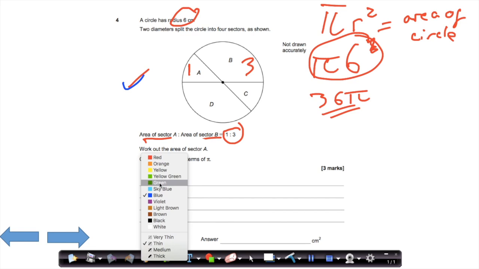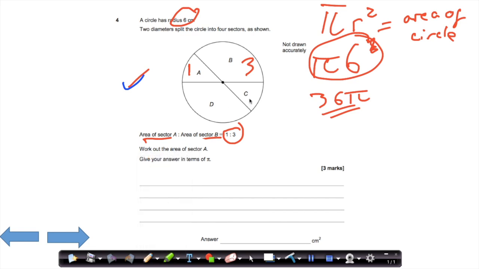Our second mark, if we have 36 pi as our area, well, how much of this circle do we have? Well, vertically opposite angles are equal. So as we've got two straight lines that cross over at this point here, A is the same as C in terms of this angle here.